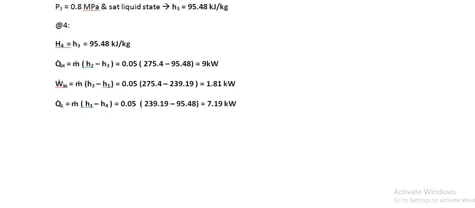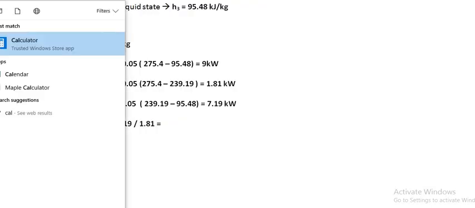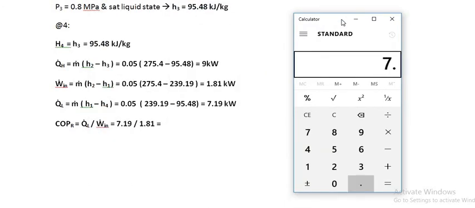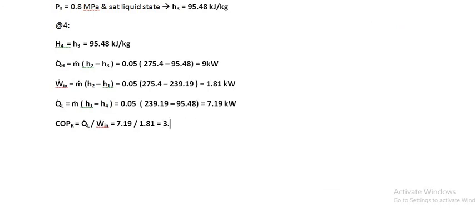Since we talked earlier that the coefficient of performance of a refrigerator is equal to QL divided by W net, putting the values we have 7.19 divided by 1.81, which is 3.97. So the coefficient of performance is approximately equal to 4.